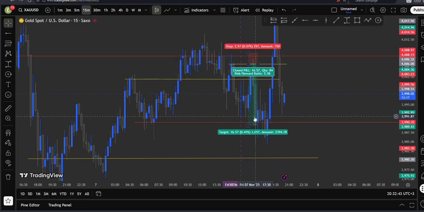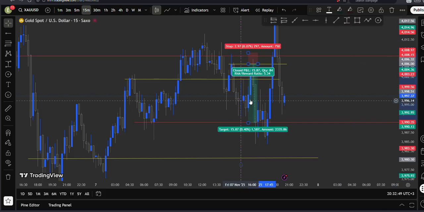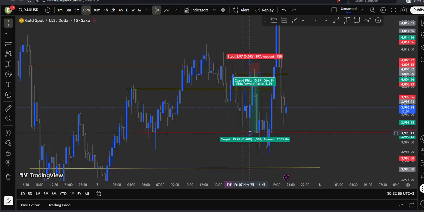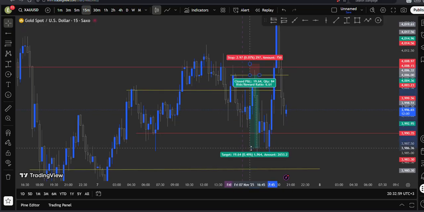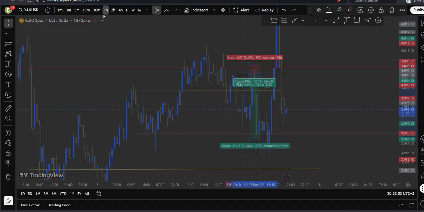So this was my level here. I took it up to here. That was almost 150 pips. I think I just left a few. On one trade I took it up to this side here.